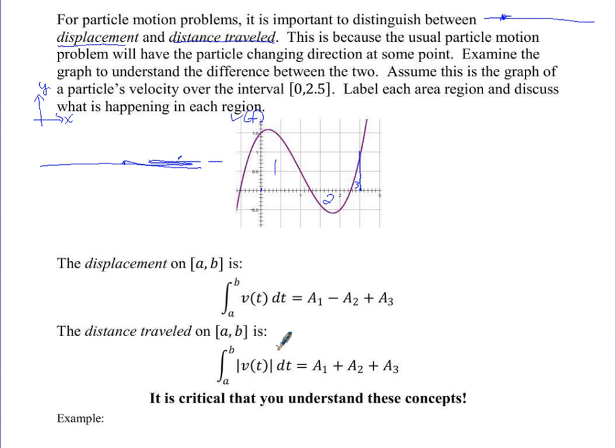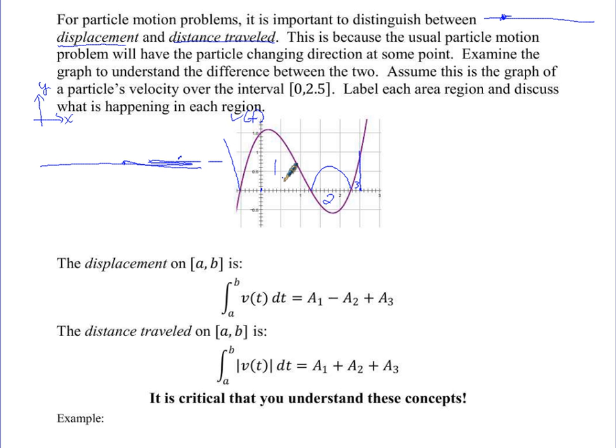In order to do that, though, we can't just turn everything positive. That's not how it works. The graph would look like this. If I take the absolute value of a function, this part would bounce up here, and so on. All of the negative portions would bounce to become positive.